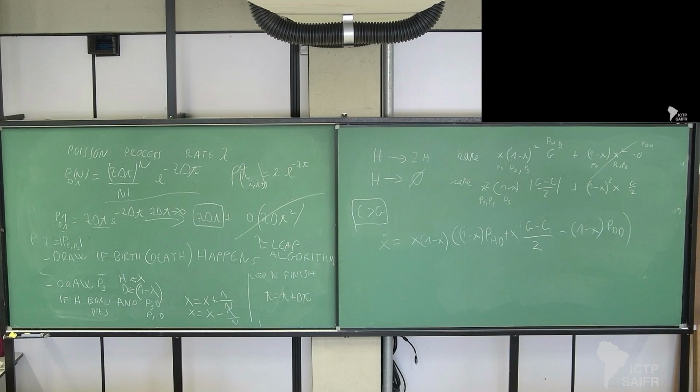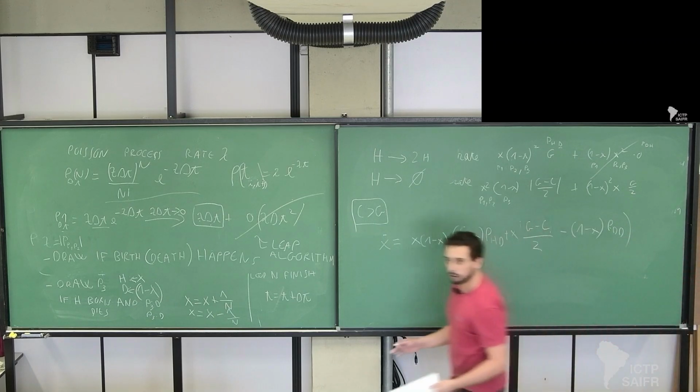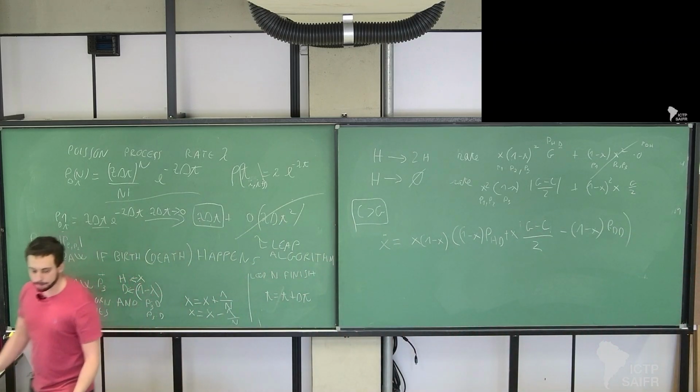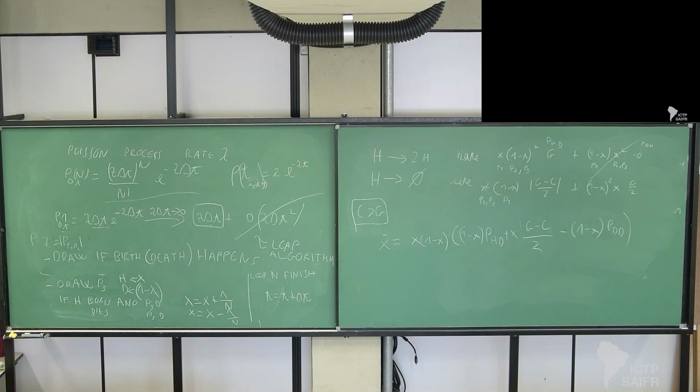I know I went very fast, so it's totally fine if you're confused. But I just wanted to give you a little bit of the idea behind two things: how to simulate a stochastic process, and also what a stochastic process is if you never saw one before. Essentially, it's an instance where at each time point you draw some random variable, you draw a coin or a dice. This is certainly not the simplest way to see stochastic processes for the first time.